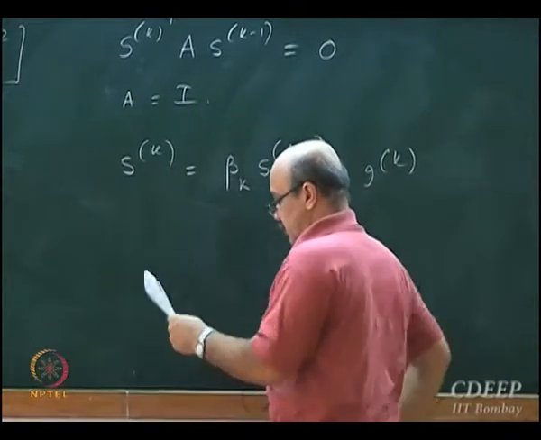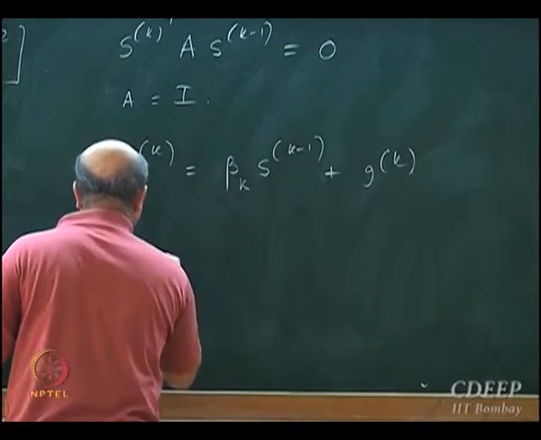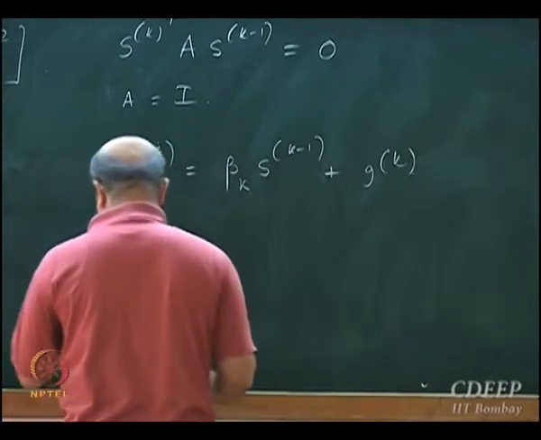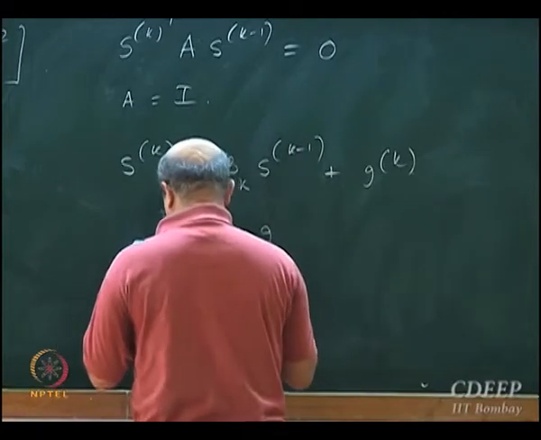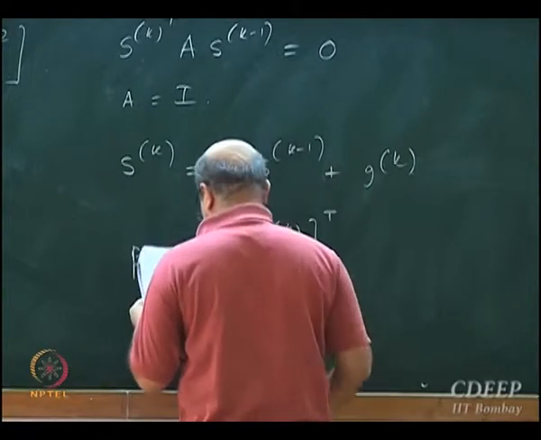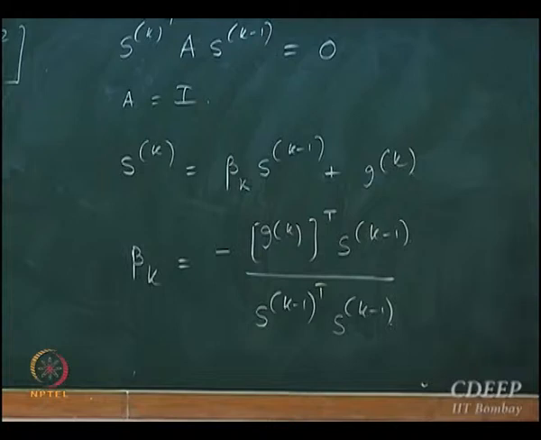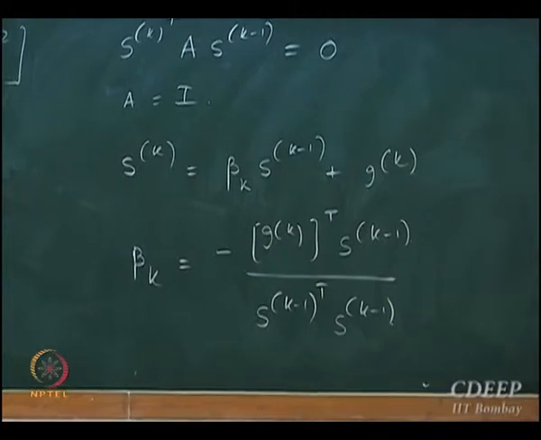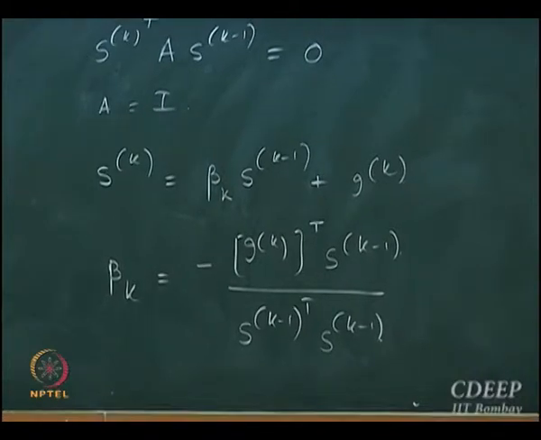Gk is the gradient which we have calculated currently, and beta k is given by minus Gk transpose Gk over Gk minus 1 transpose Gk minus 1. The remaining part is similar to the gradient method.